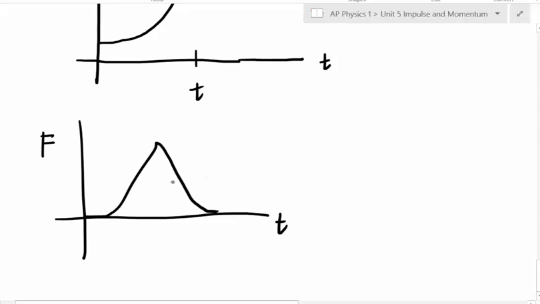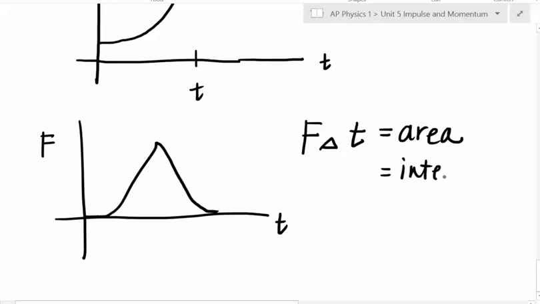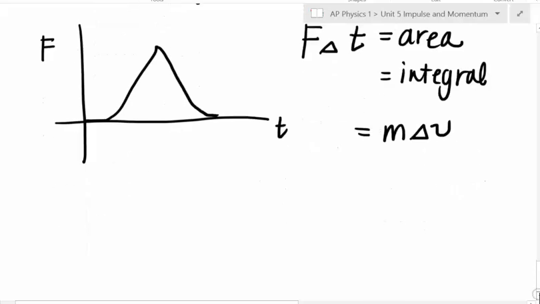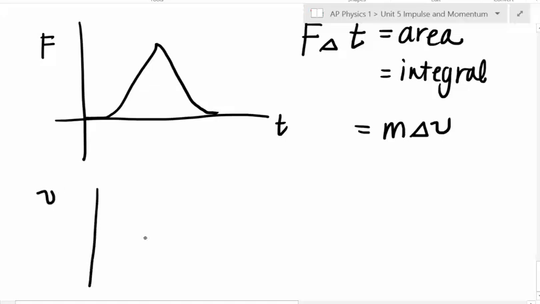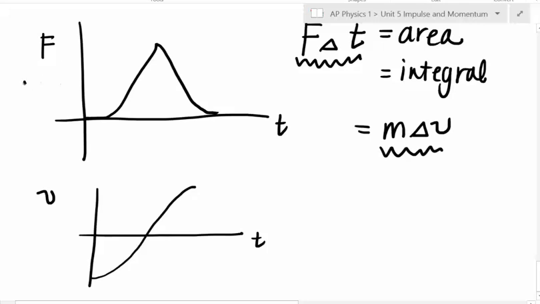Could you verify that the force times the change in time, the area under the integral, is equal to the mass times the change in velocity if you also had the velocity versus time graph? So you had this graph. You should be able to see if this is equal to that if you have this graph and that graph. So that's what we're going to do today.